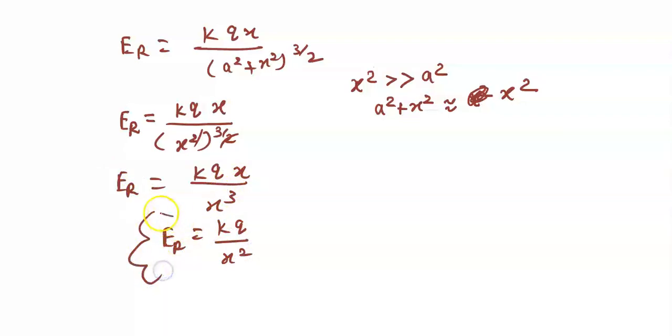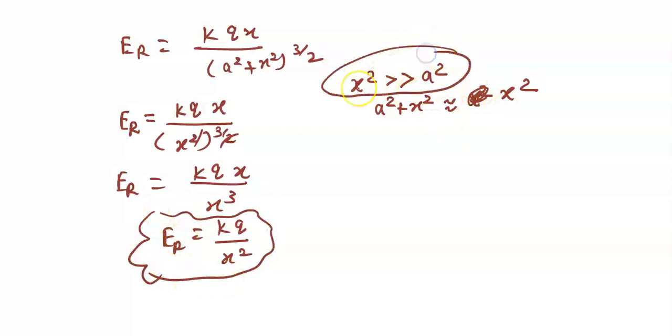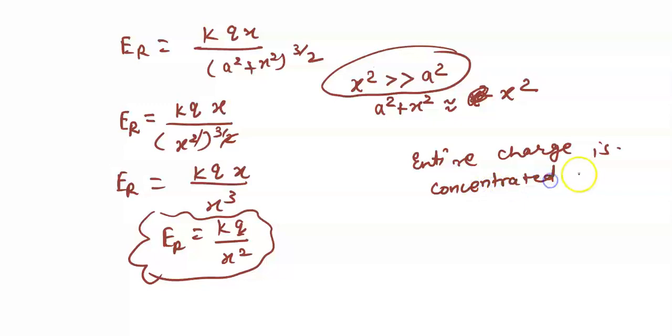What does it mean? If this point is situated at a great distance from the center, this is the formula for the electric field intensity at a point due to a point charge. So it means that we can assume the entire charge is concentrated at the center.